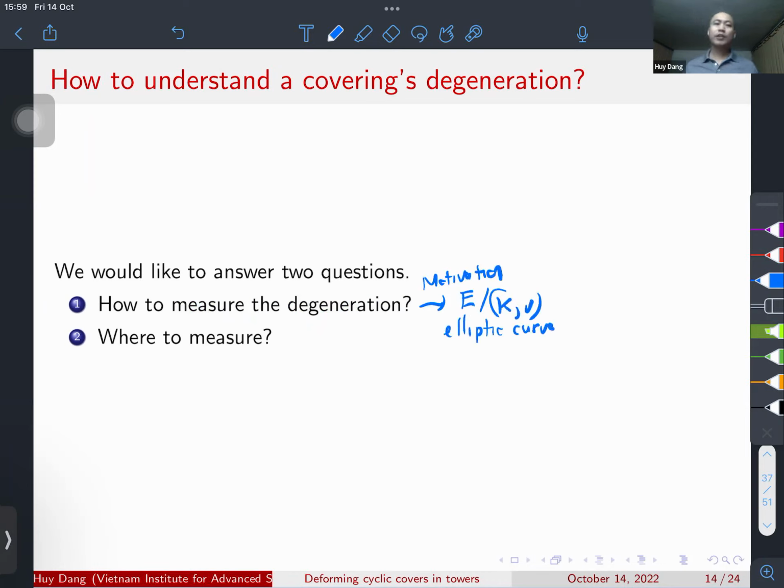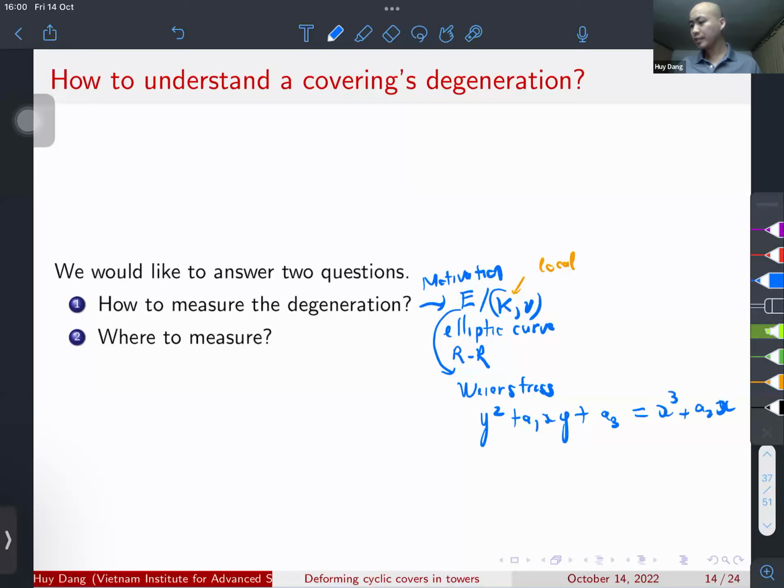Right. So when you have an elliptic curve over a local field, for example Z_p, p-adic, for instance, one nice thing about elliptic curves is you can always have the Weierstrass equation, which follows from Riemann-Roch. It looks like this: y squared plus a1 xy plus a3 y equals x cubed plus a2 x squared plus a4 x plus a6 and so on.